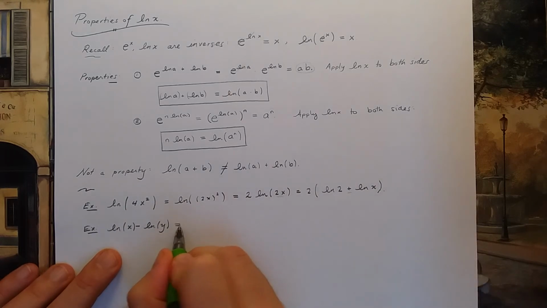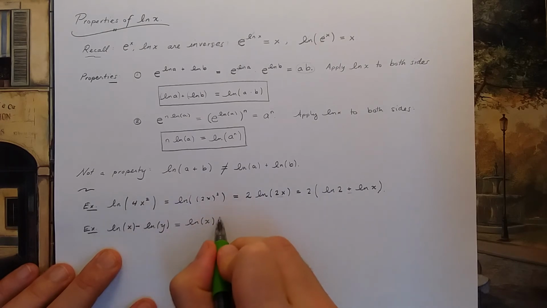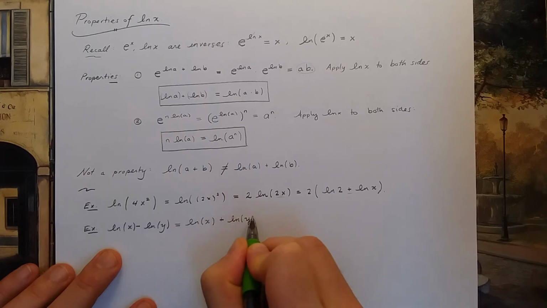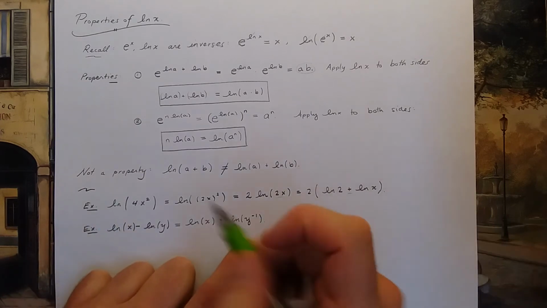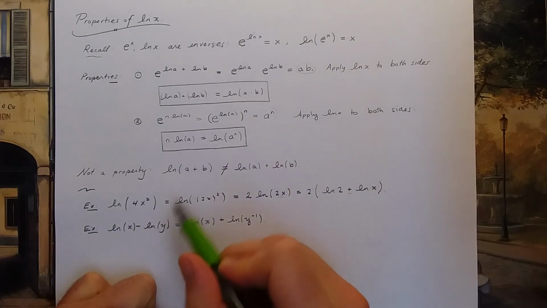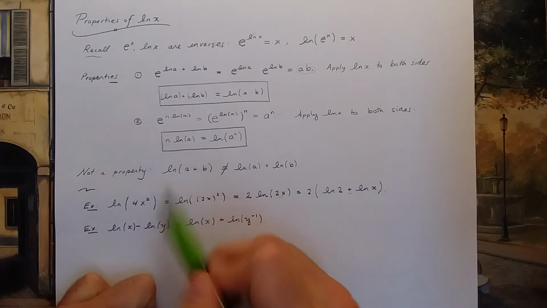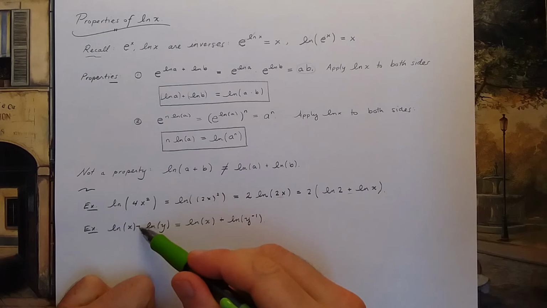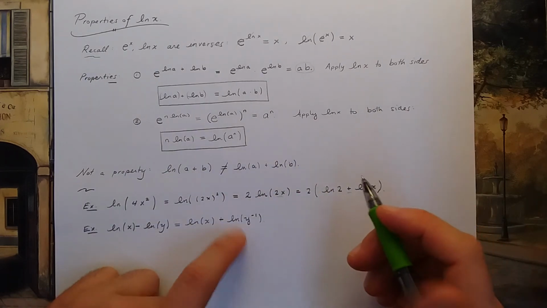Well, the first thing I'm going to do is write this as log x, watch this, plus log y to the minus 1 power. So check that out. I had a minus sign in front of log y. That's similar to n equals negative 1. So I'm taking n equals negative 1 in this property 2 and allowing myself to put the negative sign on the exponent. So that's a very nice property of logarithms.